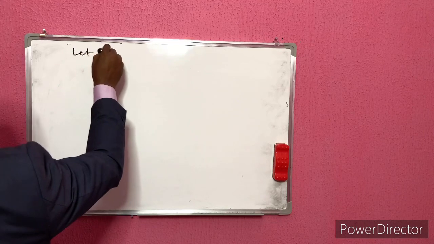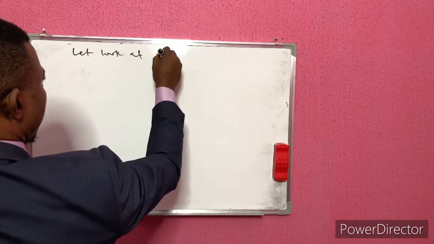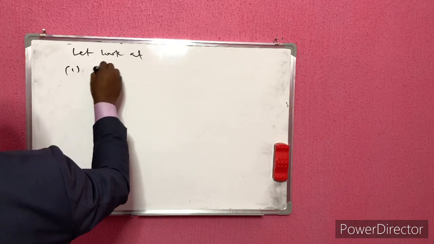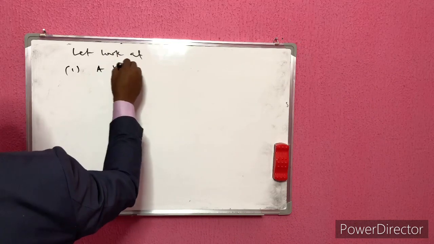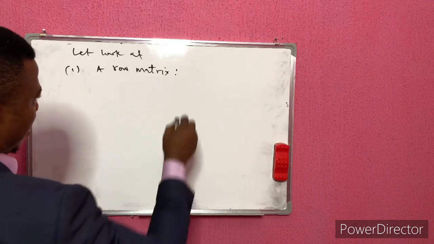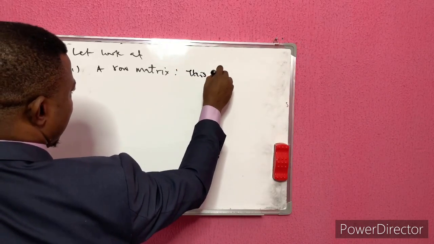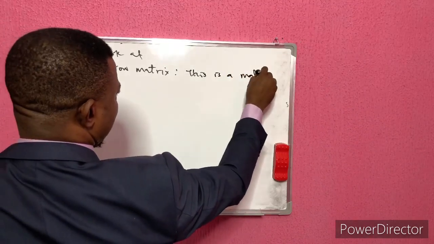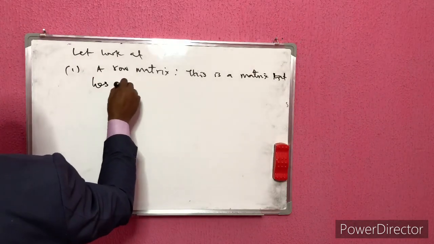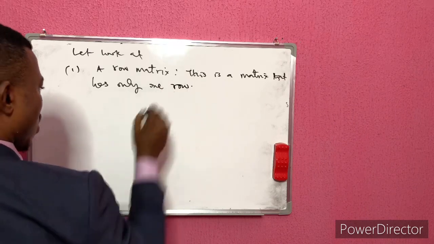Let's look at a row matrix. This is a matrix that has only one row.